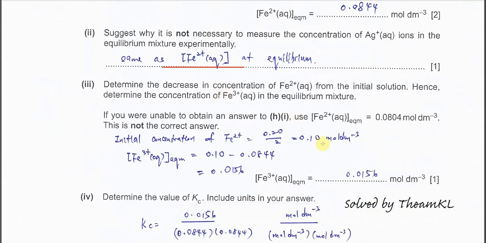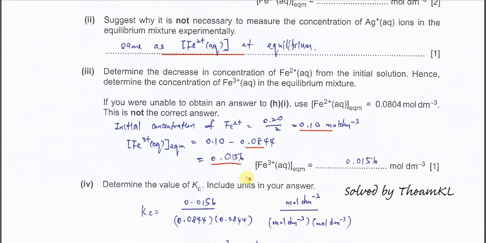Therefore, this is the first thing you must calculate. The initial concentration of iron 2 ion will be 0.2 over 2, because the volume is double, the concentration is halved. After that, use the initial concentration minus the equilibrium concentration, so we will get 0.0156.